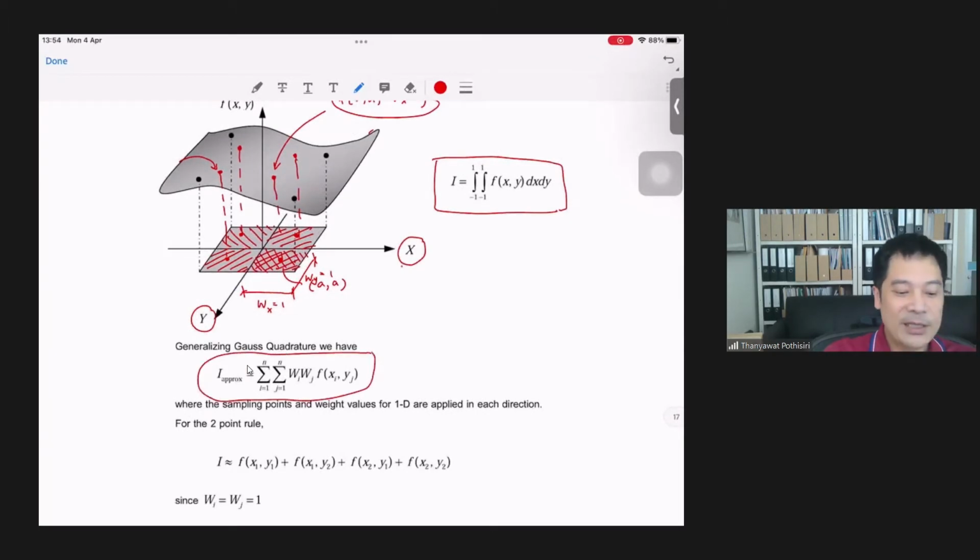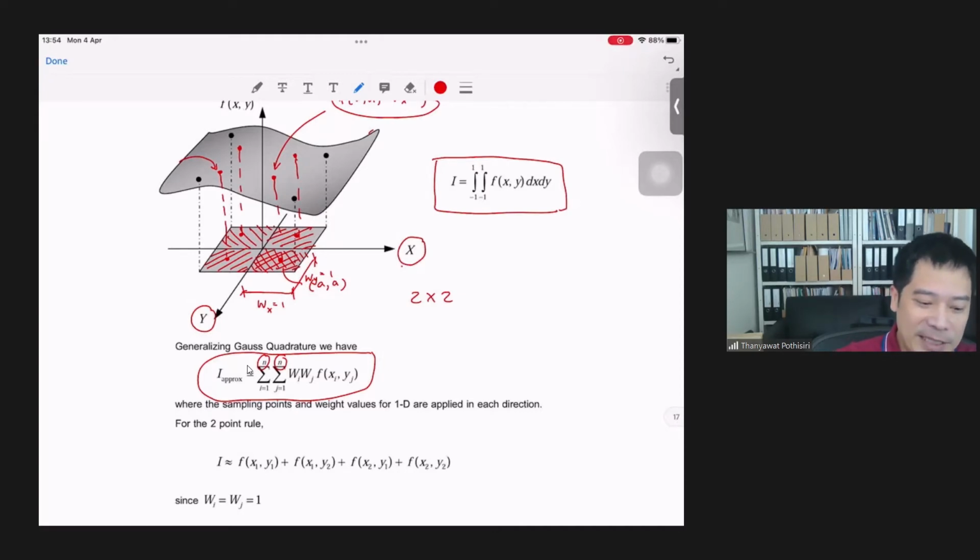Depending on the number of sampling points in each direction, for example, if you have 2 points, you have 2 in X direction and 2 in Y direction. So you have a total of 4 sampling points. Sometimes we refer to it as a 2 by 2 point, so 2 in each direction, a total of 4.